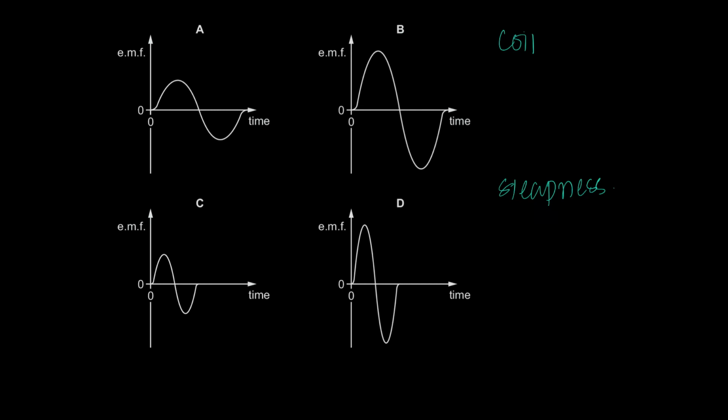If the steepness is higher, the cycle of the EMF generated will be smaller, because it happens very quickly, right? So it'll take less time to complete one cycle. So this will be very quick. Graph C tells me that it's very steep, and D tells me it's very steep.